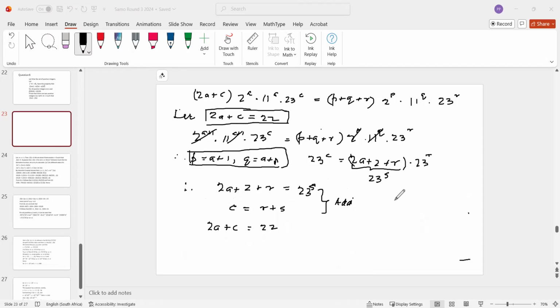So the left-hand side becomes 2a plus 2 plus c, and the right-hand side becomes 23 to the power of s plus r plus s. I'm adding on both sides. The reason why I'm adding is I know that 2a plus c is 22. So that's very nice.